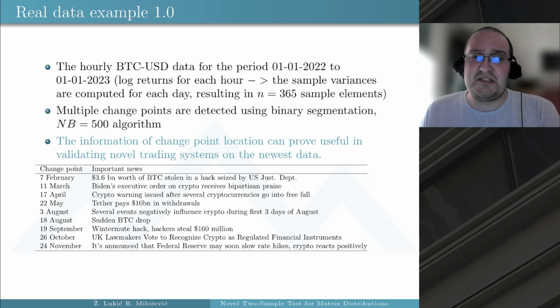Also, we have used a binary segmentation algorithm with 500 replications, which is quite basic. But if I have more time, I'll explain it in detail. Also, we needed somehow to verify that those change points really happened.